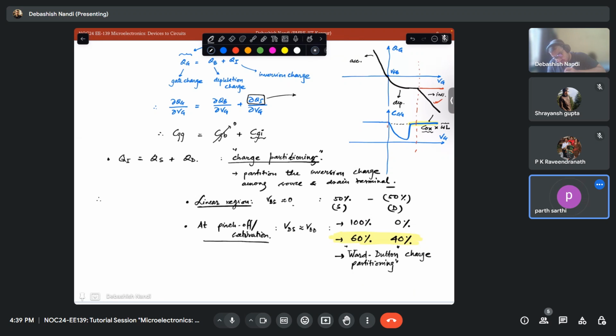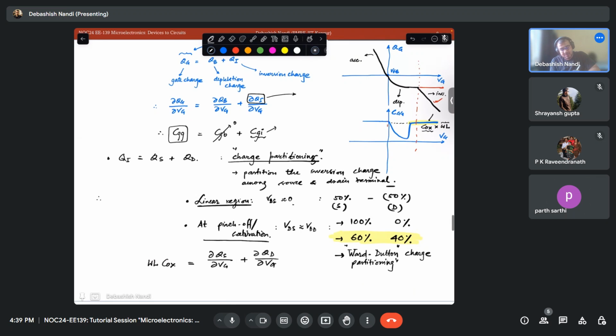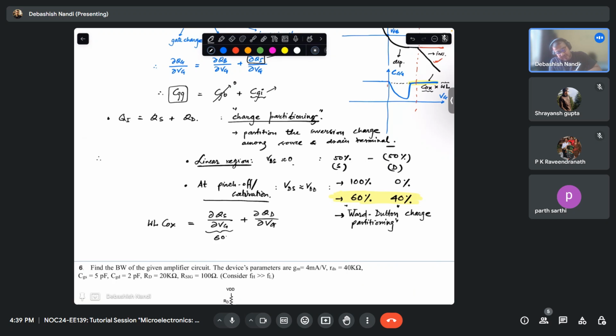And my CGG is WL Cox, and CGI will have two components, dqs by dvg plus dqd by dvg. So it is assigned 60% and it is assigned 40%.